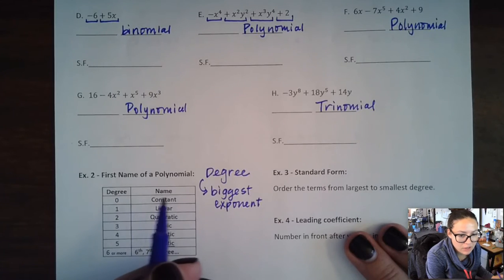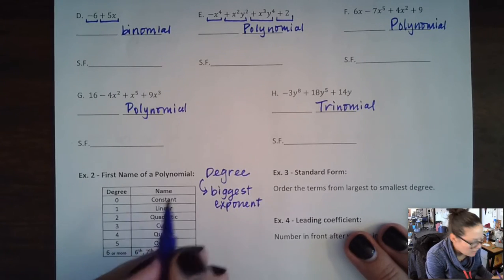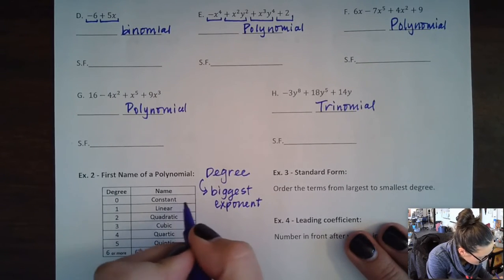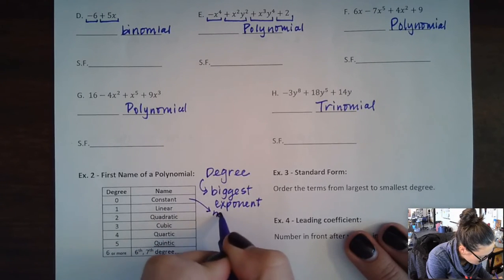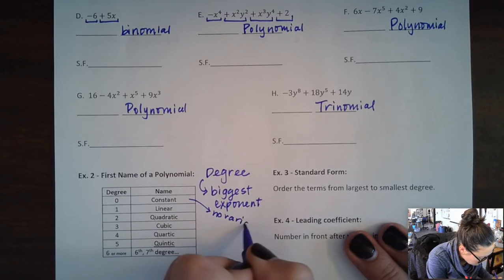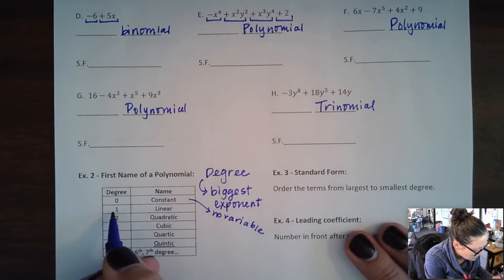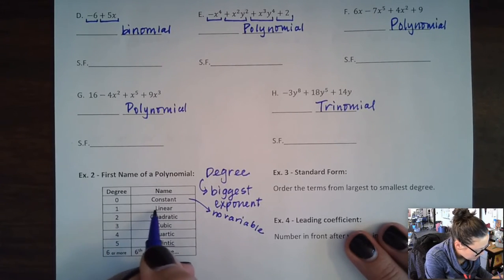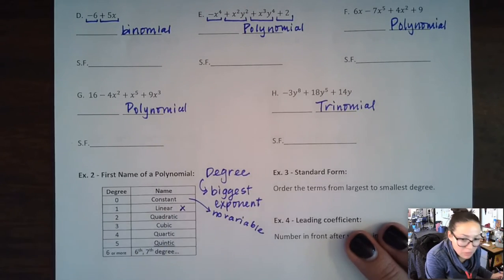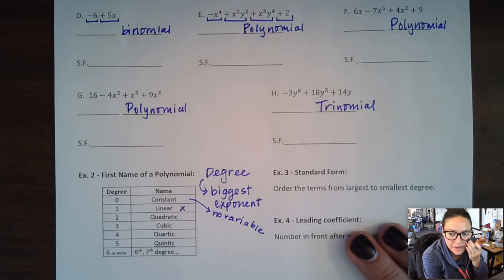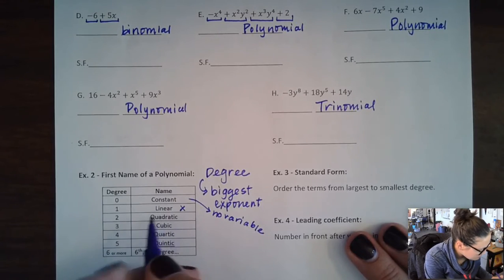So degree 0 is a constant, and that means there's no variable at all. Constant means no variable. Linear means that the exponent is 1. Degree 1 is linear. So that would be like just x, because if I just have x, there's really an exponent of 1 on there.